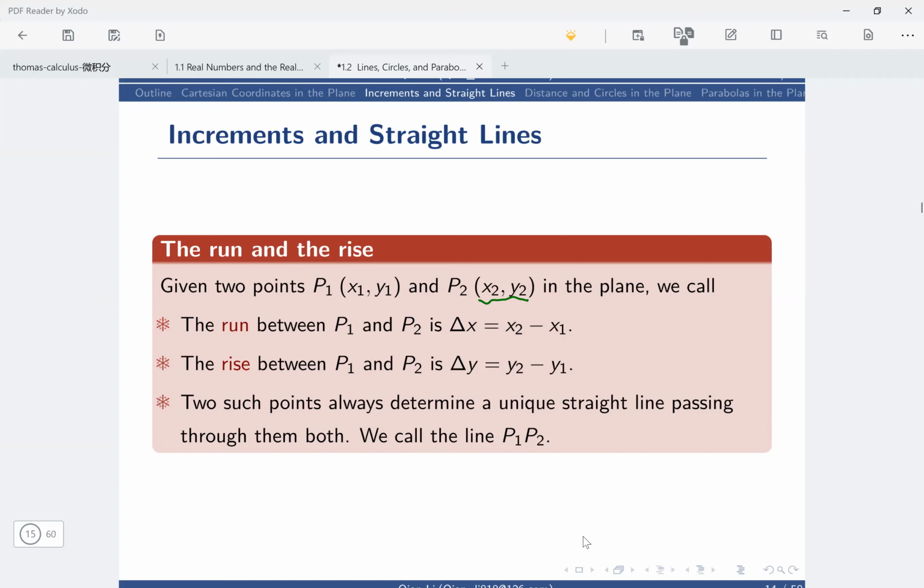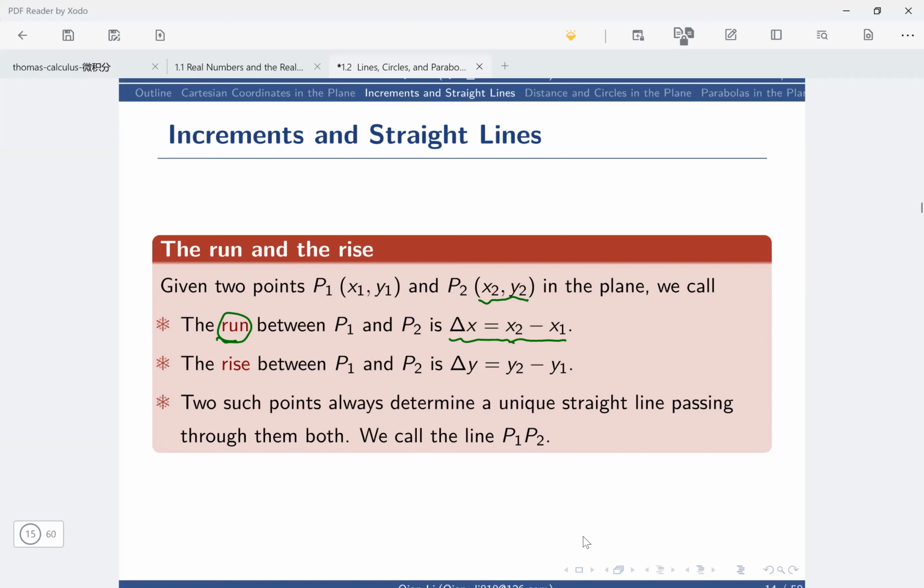We call this the run. The run between P sub 1 and P sub 2 is delta x, and delta x is equal to x sub 2 minus x sub 1.